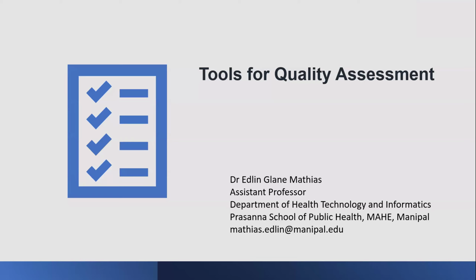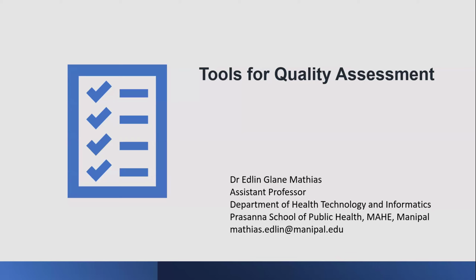Okay. So, since 2 days, you had learned the different steps of systematic reviews, right from framing a review question, how to conduct a literature search, then how to go for the screening of the studies. Then today's class, we will learn what are the different kinds of tools that you use for the quality assessment.